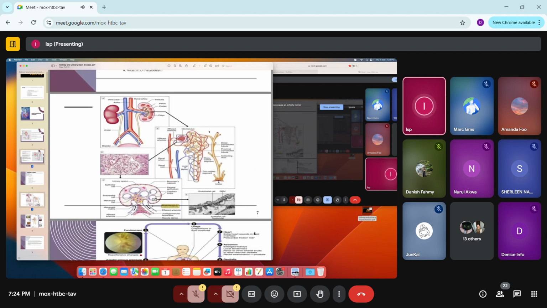Okay, the glomerular membrane we're talking about is this part. This is your glomerulus. When the renal artery branches into arterioles, the smaller arterioles form into a ball, like a snowball. That's called the glomerulus. Ultrafiltration happens at the glomerulus.